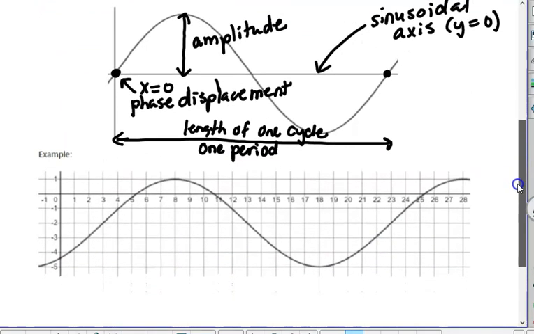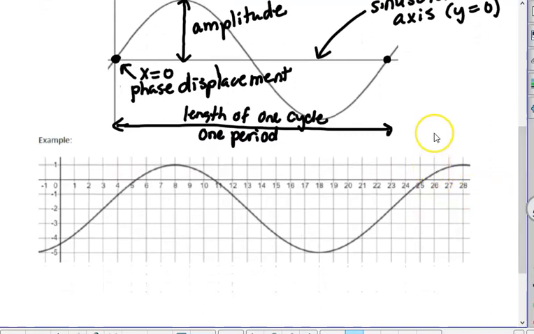So when we look at these four characteristics, the first thing we're going to start out with is the sinusoidal axis. That is the line that cuts the graph in half vertically. So it's a horizontal line, but I'm saying the graph has the same amount above and below that line. So let's look and see. The highest point that we go is 1 on the y-axis, and the lowest point is -5.